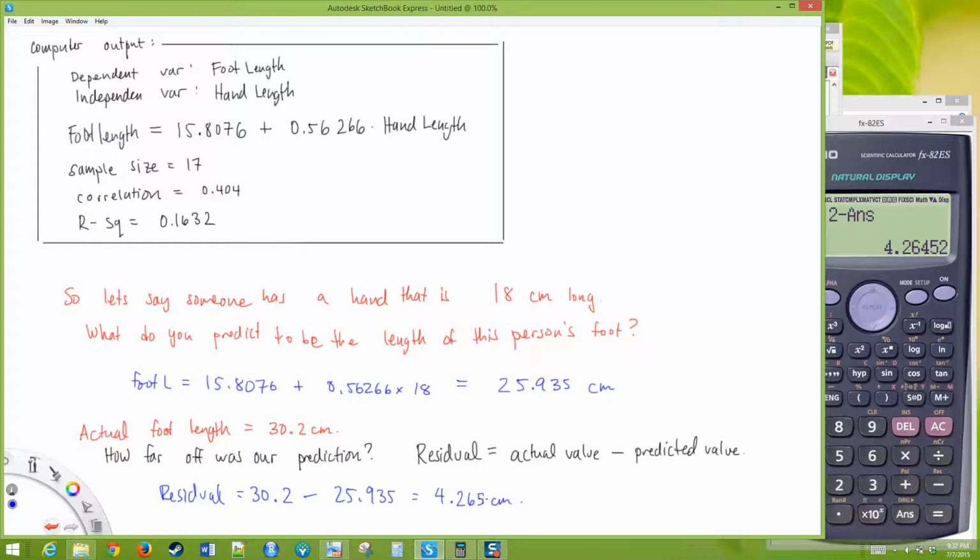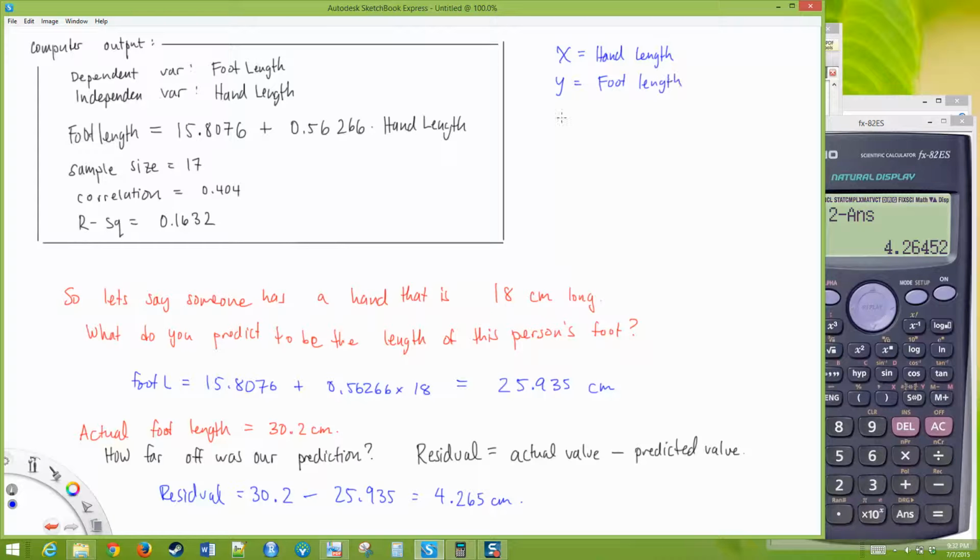Okay? All right, let's just do a quick check of our understanding. What is our x variable? What is it? Dependent. Okay, in the context of our problem, what's the x variable? Yeah. Hand length. Hand length is our x variable. Okay, so that should make what our y variable? What's our y variable? Foot length. Okay.